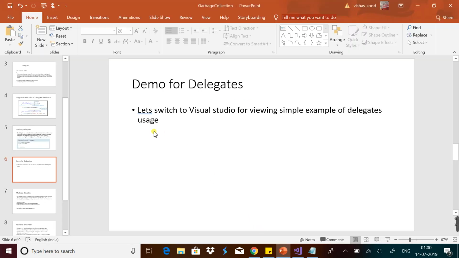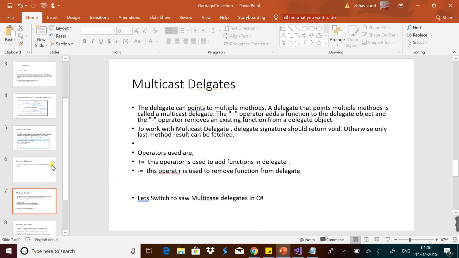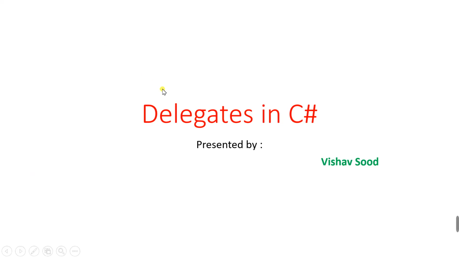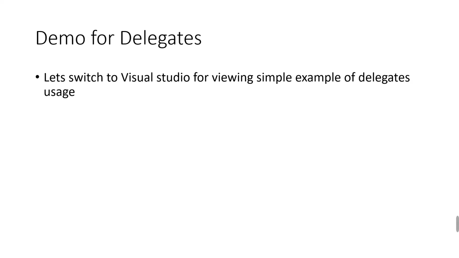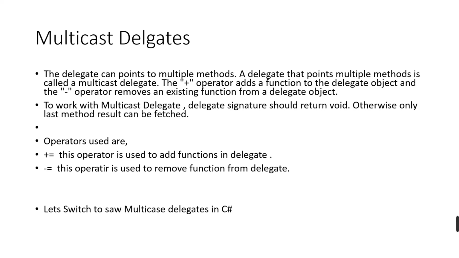So let's go back to our PPT. There are basically two types of delegates. One is single delegate and the second one is multicast delegates. What are multicast delegates? Multicast delegates means calling the delegates multiple times, or we can call multiple delegates in a single call.